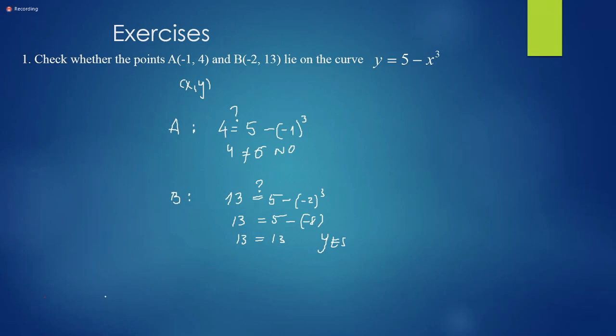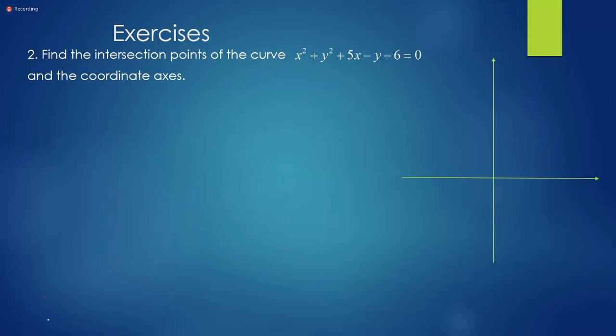All right, next one, intersection points of the curve given and the coordinate axis. How do we do that? How do we find those? So this is the x-axis and this is the y-axis. So what do we do?